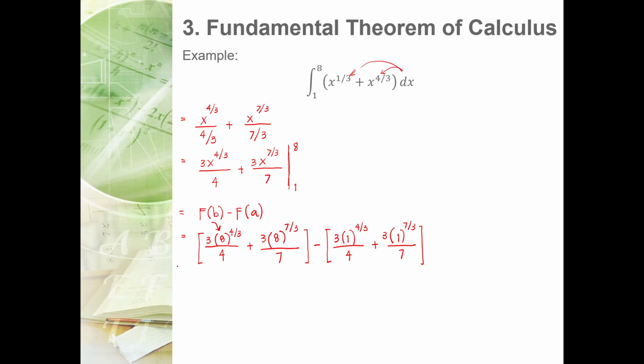So if we try to convert this into its radical expression so that we can observe if we can simplify the term inside the cube root function, this is 3 times the cube root of 8 to the power of 4, then plus, again converting it to its radical expression, the cube root of 8 to the power of 7 all over 7.